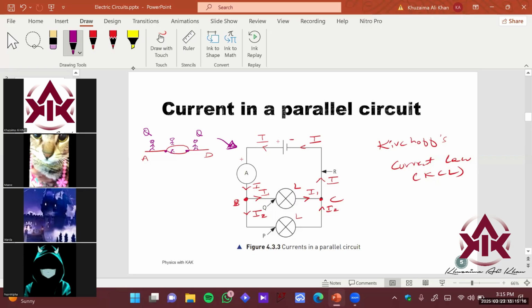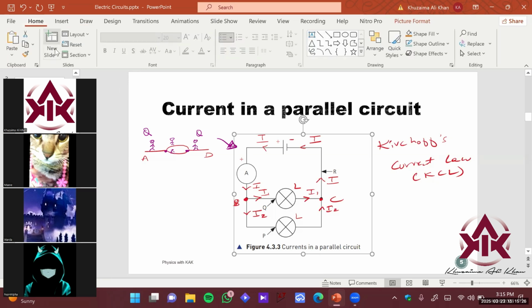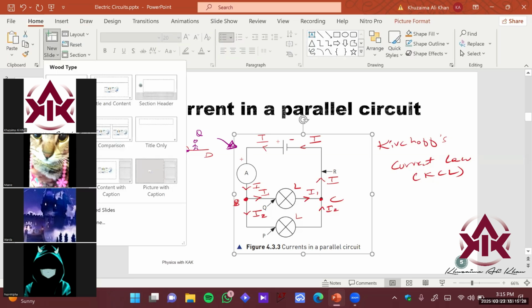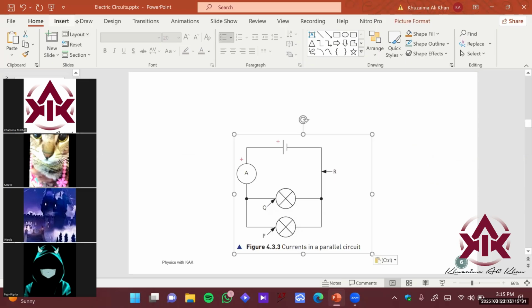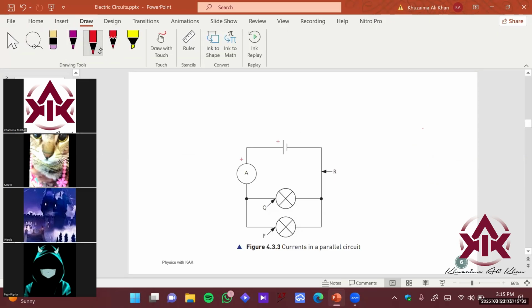And one other special property in the parallel circuit is what? You can see something else over here. Let me duplicate this slide and go to the next slide. You can see that the battery, let's say, has a potential V, an EMF V. This lamp is connected to this particular point that is directly connected to the positive terminal of the battery, and this terminal of the other lamp is also connected directly to the negative terminal of the battery.